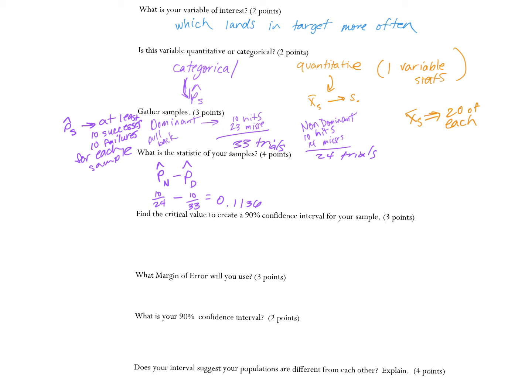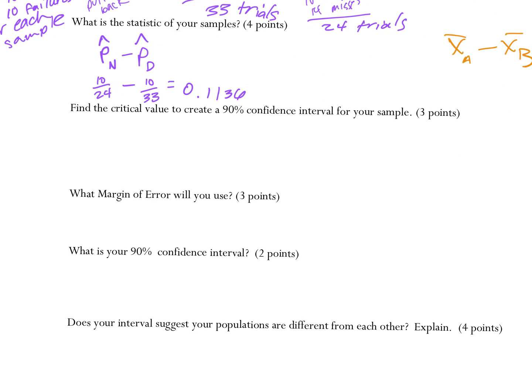And guys, if this were means, this statistic would be x bar from your first group minus x bar from your second group, okay? You would just find the two means and subtract the difference. All right. Then you're going to find your critical value.